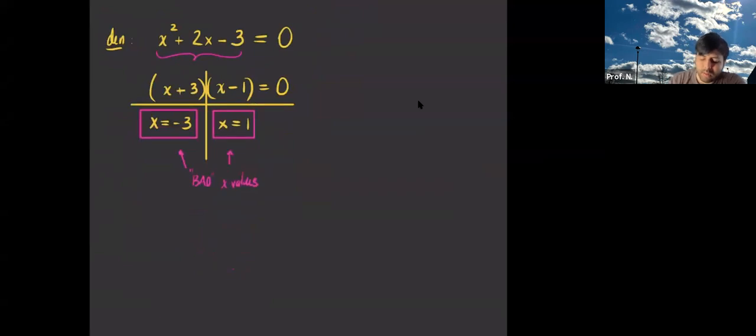So then if I were to draw this out, I got negative 3 and I got 1. Open circle, open circle. Exclude those. That's why I put the open circle, but include everything else. So then my domain will be what?